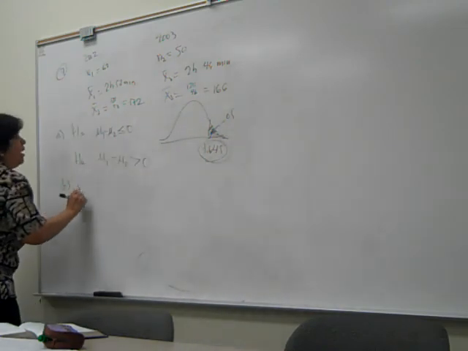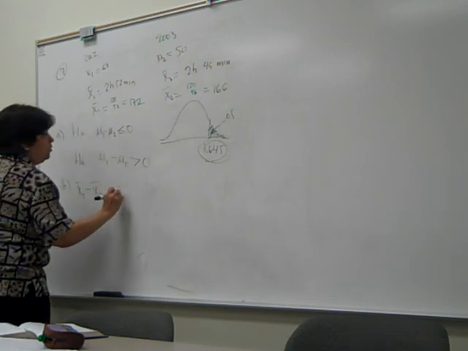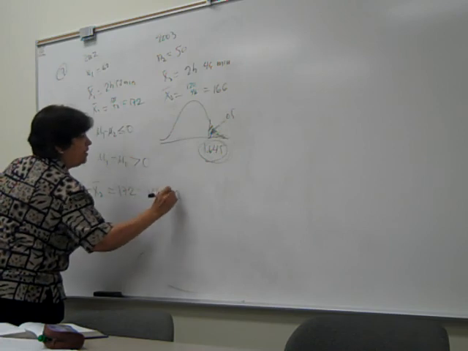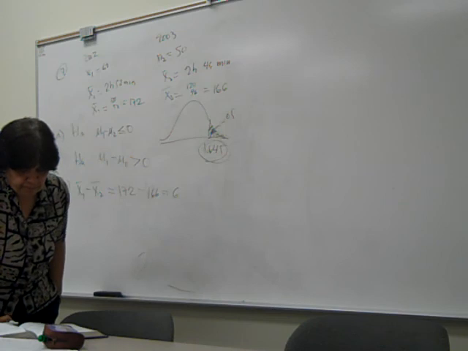So x1 bar minus x2 bar is equal to 172 minus 166, and that is equal to 6. That's my point estimate of the difference of the means.